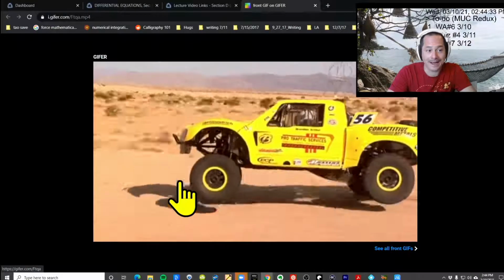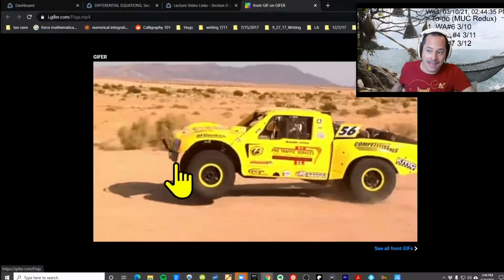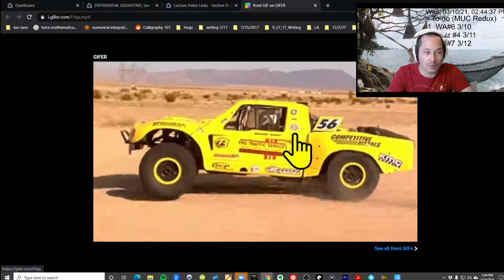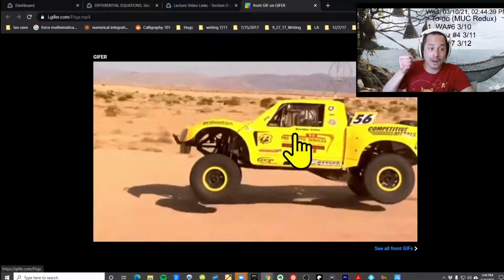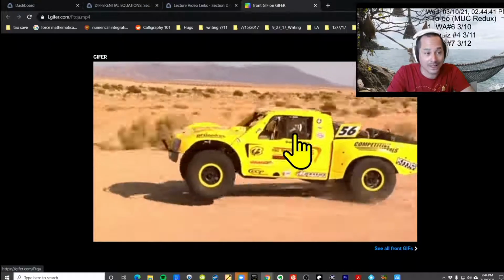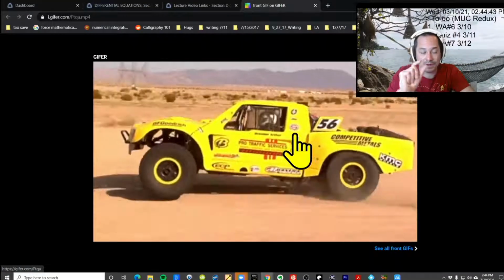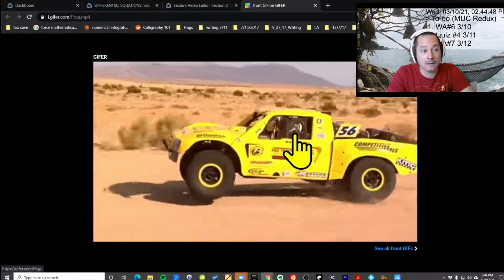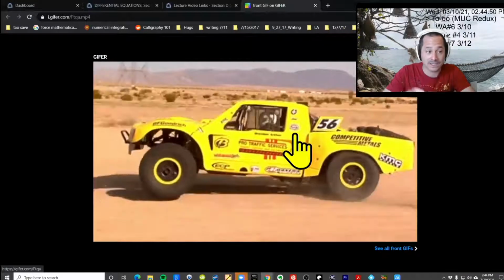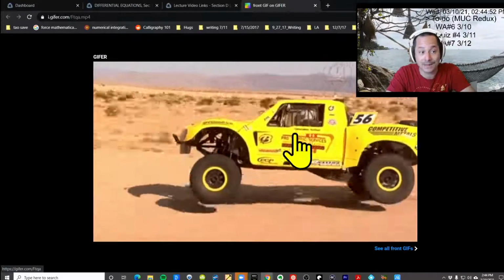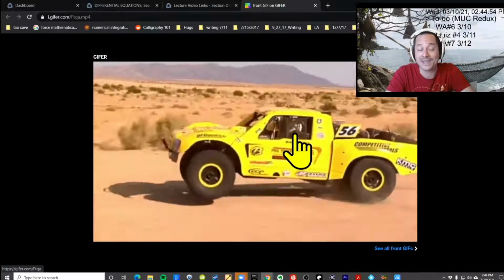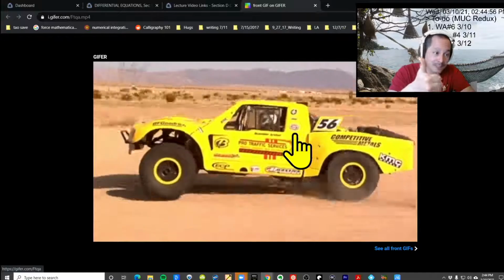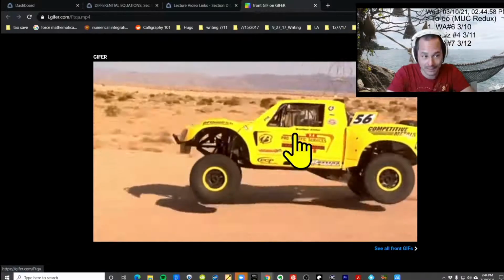Let's think about the practical nature of the system. As this person in the cockpit, what do I want to have happen? I want my tire to return to the ground as quickly as possible. So I want to configure my mass, my spring, and my damping, my dash pot, so that that tire is driven back to the ground as quickly as possible, because without the tire on the ground, I'm not going to be able to steer and I'm not going to be able to put power down, right?